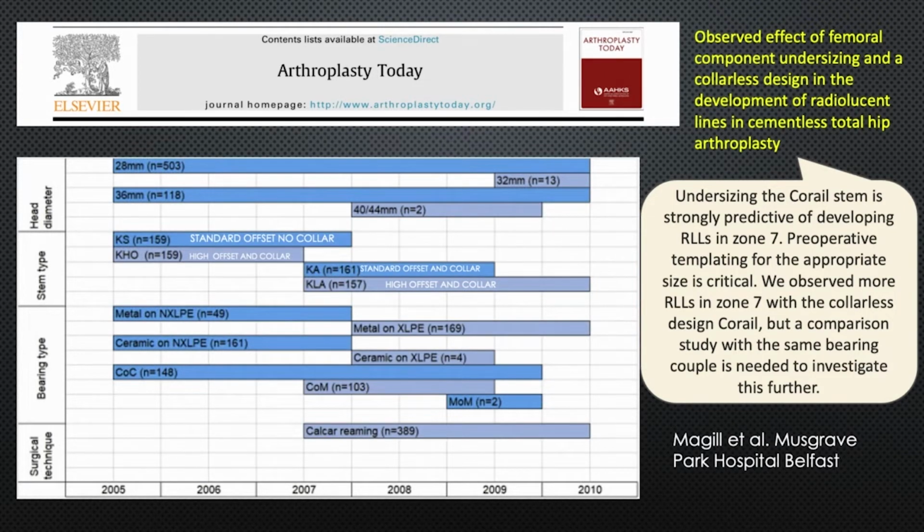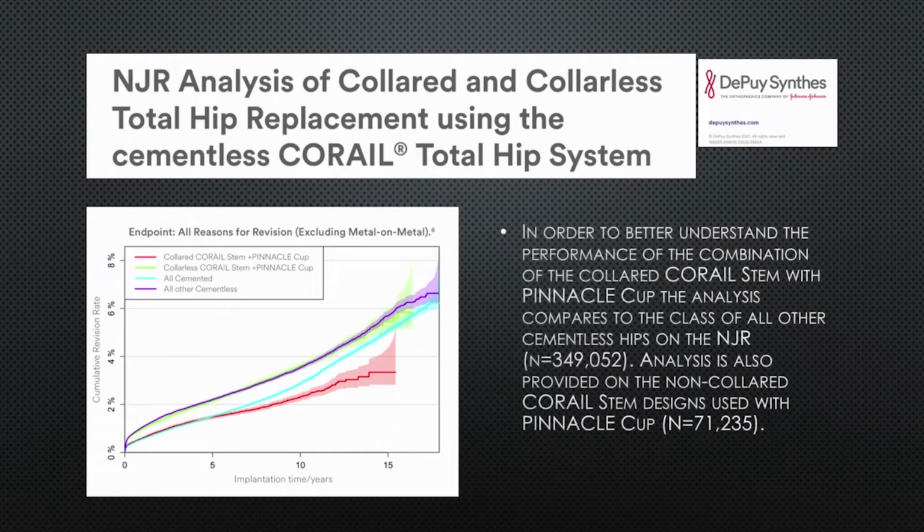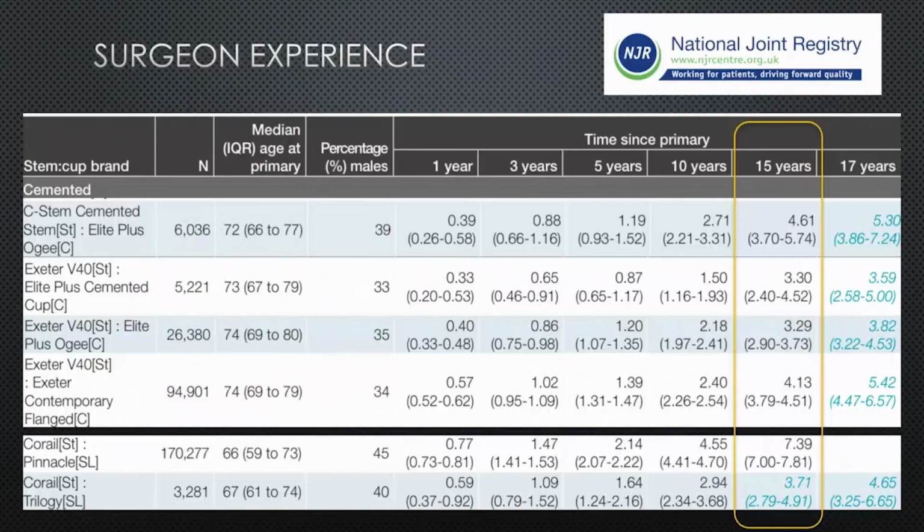The next one is this paper from McGill from Belfast. Basically, over this time, so many things have happened to all kinds of joints that we don't know how that makes a difference. And this is commissioned research from the Corail people that shows the Corail with the collar does better. But next slide, please.